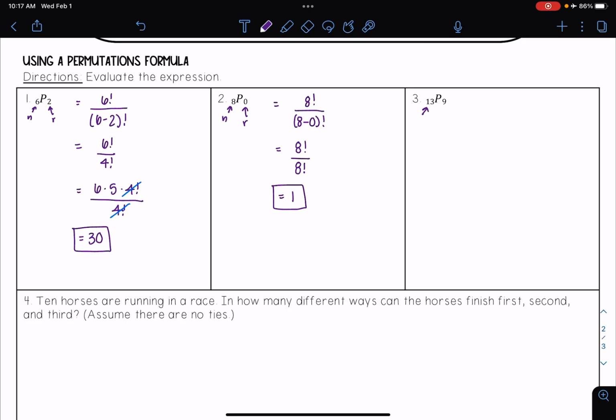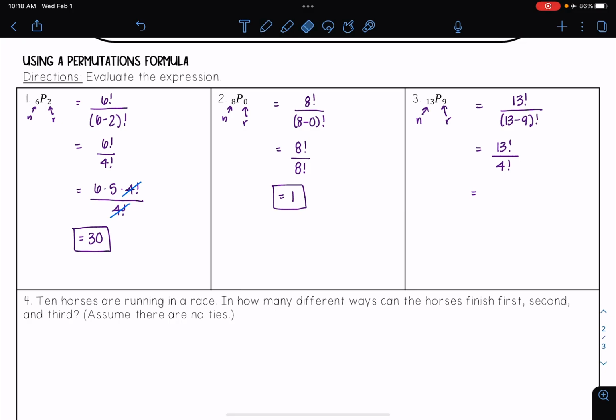Okay, now 13P9, so 13 is my n. I'm taking 9 objects at a time, so r is 9. Using my formula, this becomes 13 factorial over 13 minus 9 factorial. So I get 13 factorial over 4 factorial.